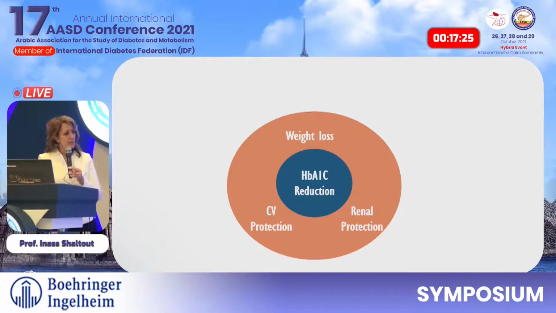It is an important antihyperglycemic, or anti-diabetic, agent because it can reduce hemoglobin A1C and it can reduce weight, which is an important issue for type 2 diabetic patients because 80% of them are obese. It also leads to cardiovascular protection and renal protection.